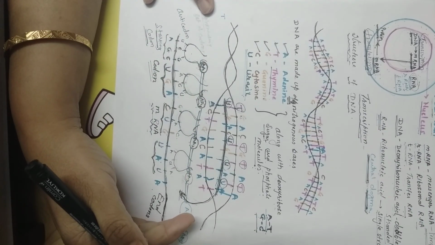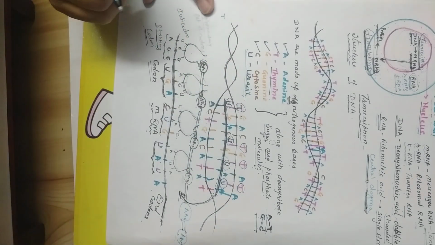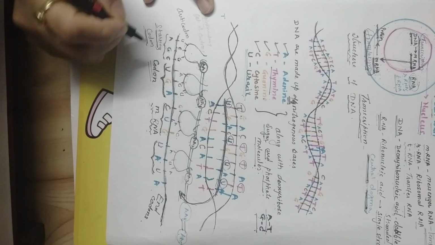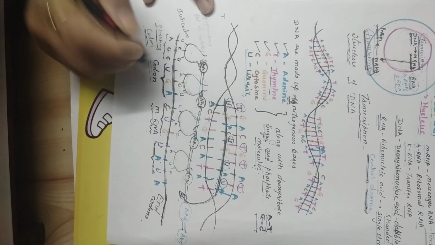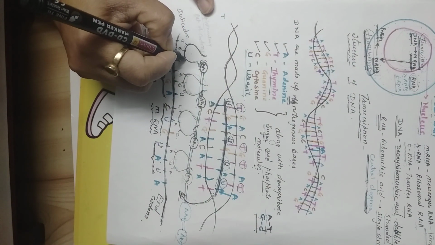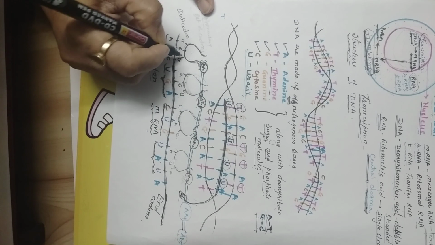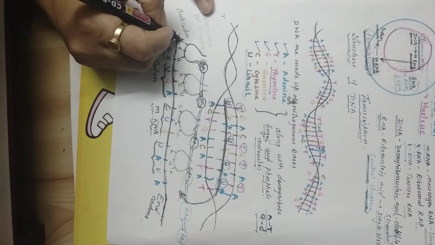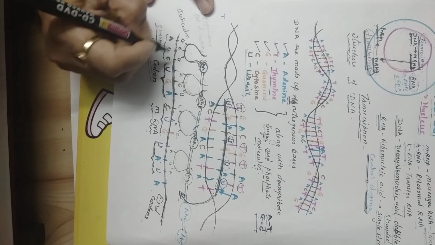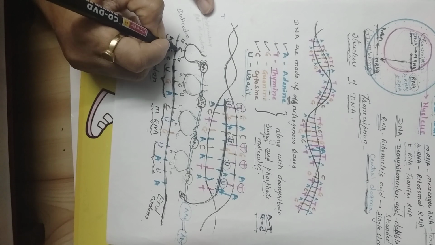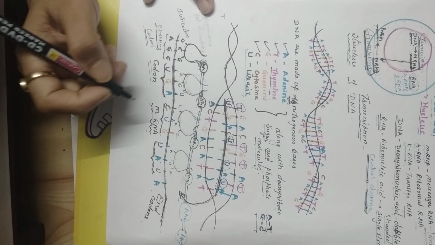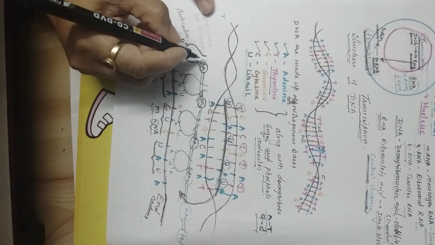Now you have seen that these triplet codons are there, and now here transfer RNA comes with the anticodons, means those are the pairs of these 3 codons. For example, pair of A is U, pair of G is C, pair of C is G. So these 3 anticodons it has brought, and with this one specific type of amino acid also it has brought.